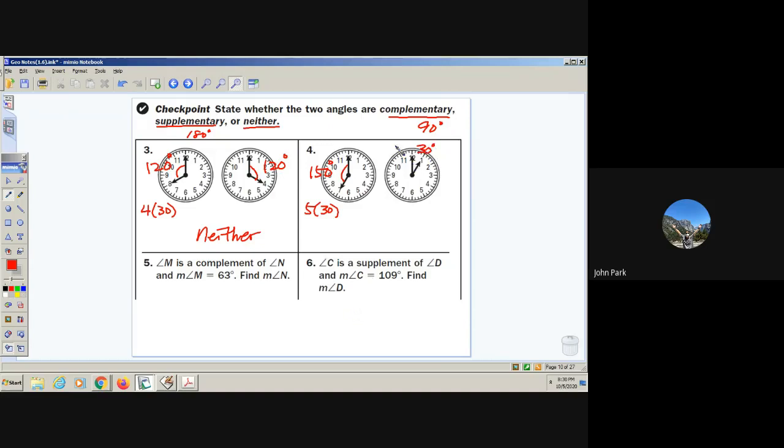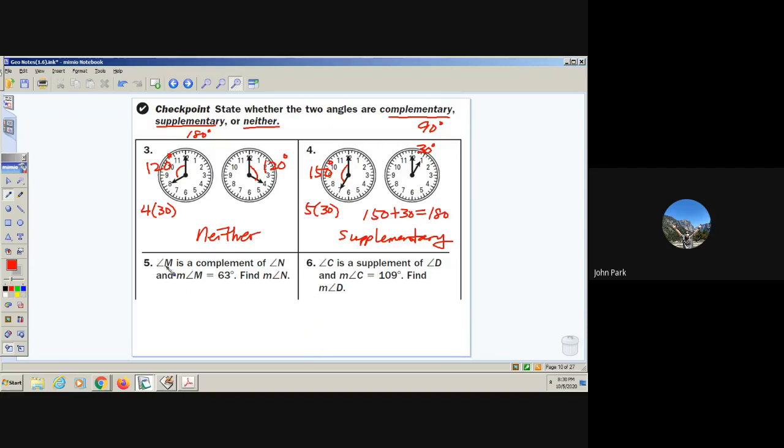It's 360 divided by 12, which is 30 degrees for each hour. So when you add 150 plus 30, that's equal to 180 degrees, which means these two angles are supplementary. Supplementary adds up to 180, complementary adds up to 90. If it does not, then you say neither. Okay.